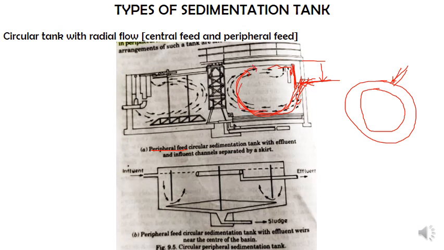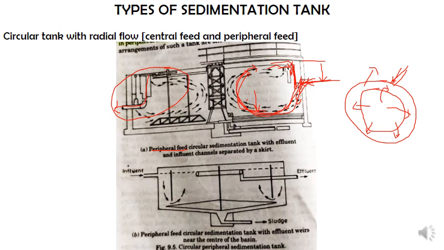As it is rising up, the suspended particles will tend to settle down, and once the water comes on top, it will be collected in the top peripheries, or these channels, and based on this collection the water will be taken out. You can see here on this side they have shown the collection arrangements from these effluent channels, and then they are taking it to the next process.